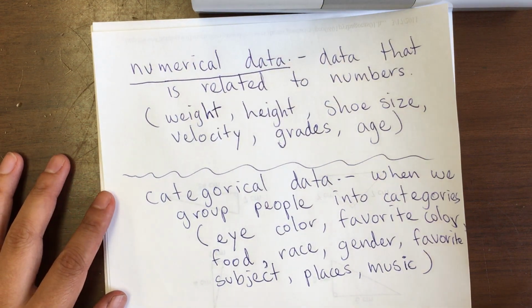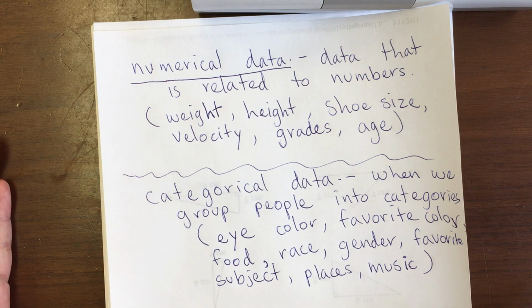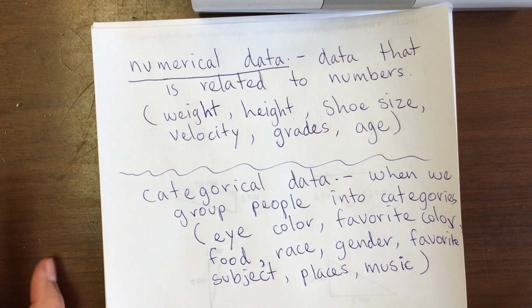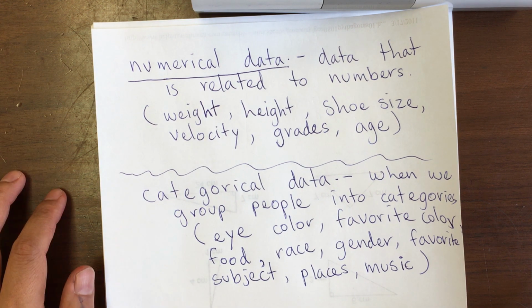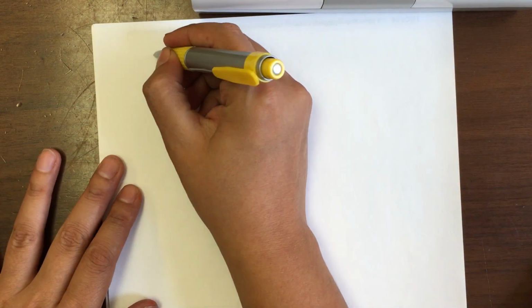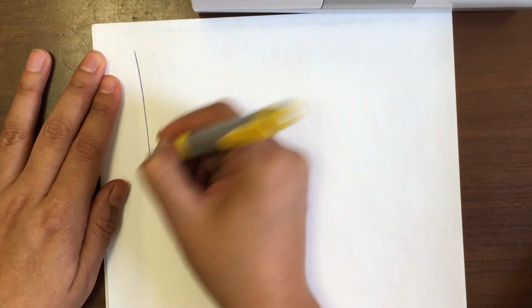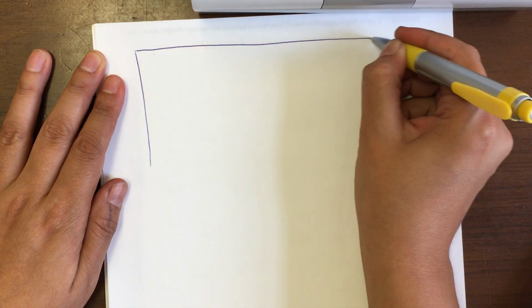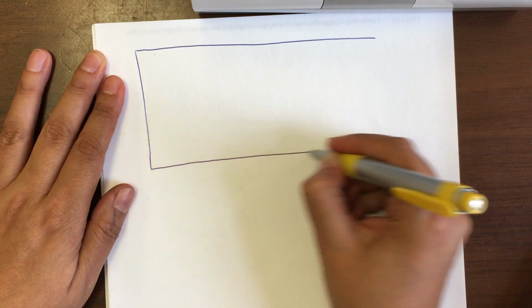So I asked a class of 16 students if they were to choose out of 3 ice cream flavors, which one would they choose? And so with that information, I created what is a two-way frequency table.